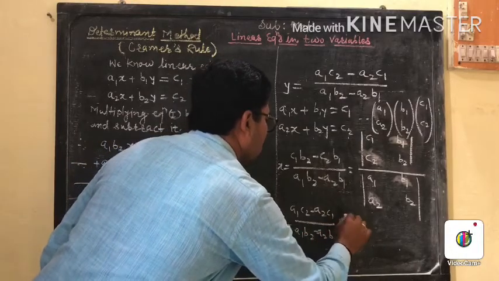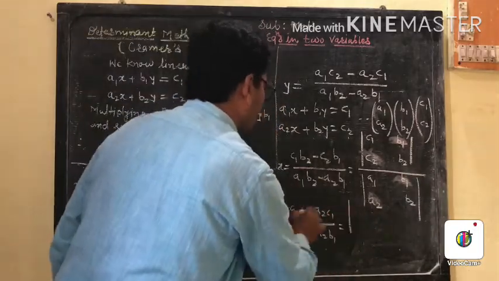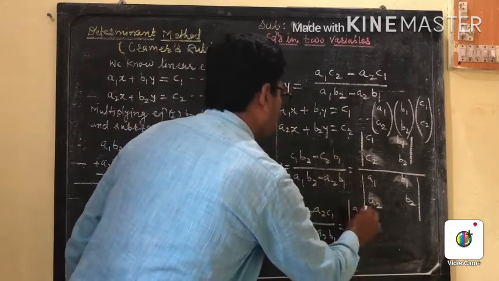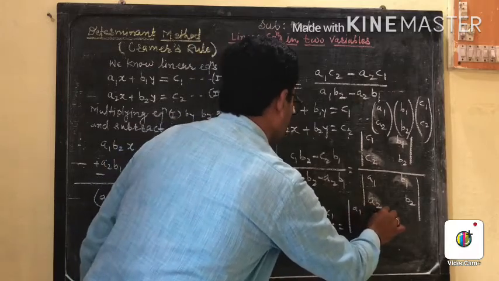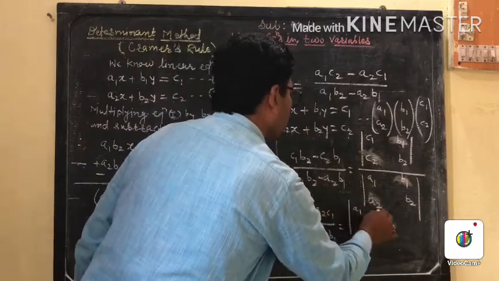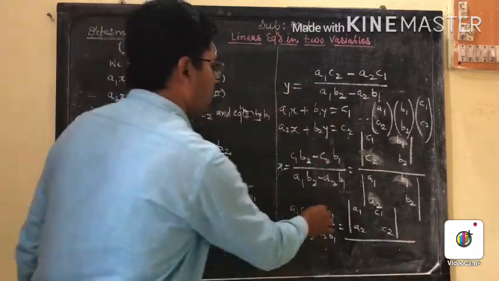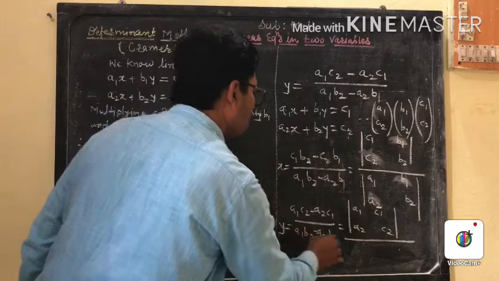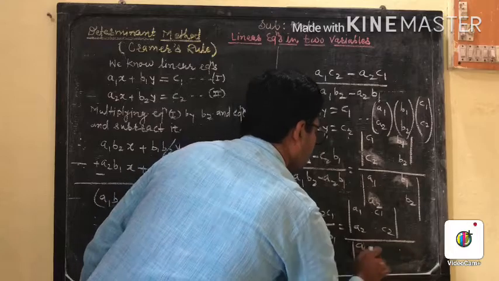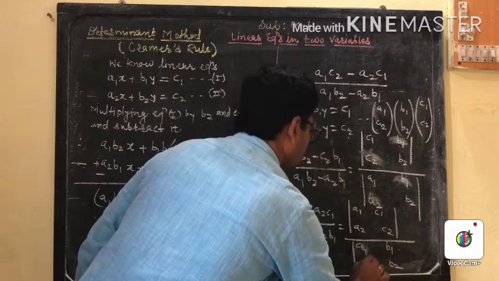In the same way we write the determinant like this: a1 c2 and a2 c1 in the numerator, divided by the same determinant, a1 b2 and a2 b1.